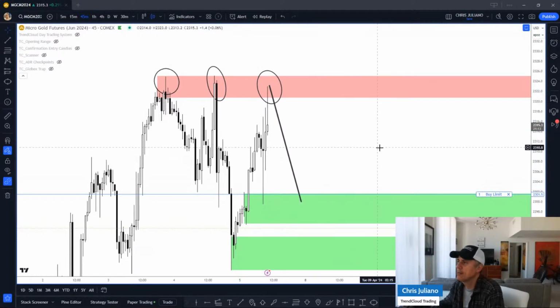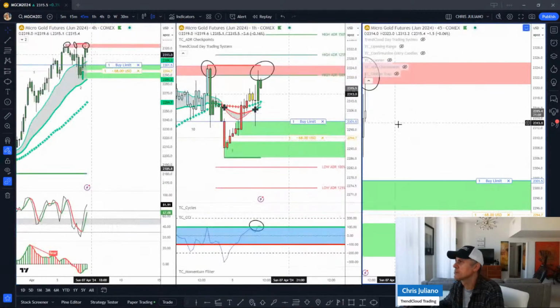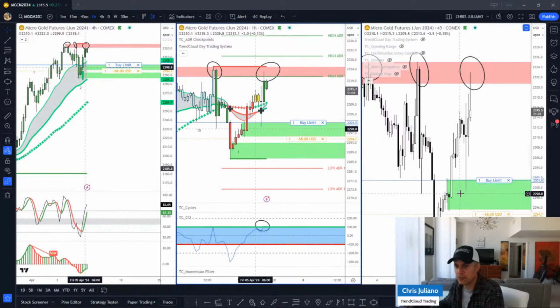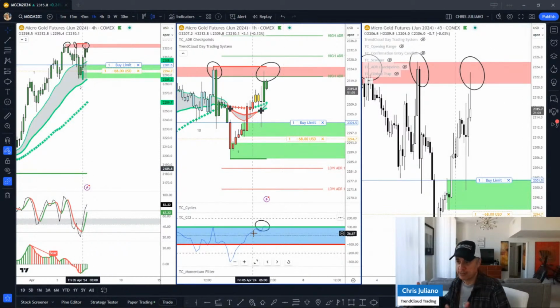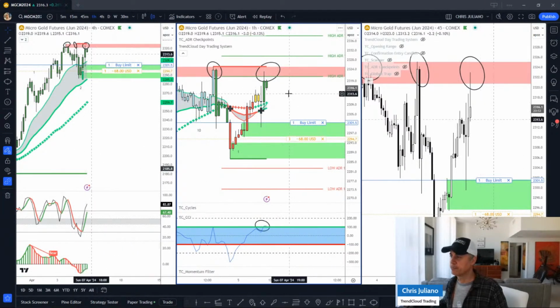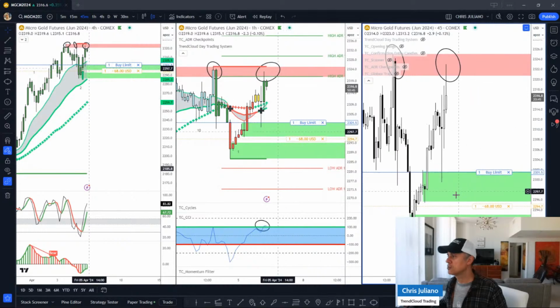But as of right now, we can start looking for demand zones because we've got everything on our side. High time frame, trend, cycling up, momentum up. Middle time frame, trend, momentum above positive 100. Low time frame, right? Here's a 45-minute chart, demand zone, demand zone.